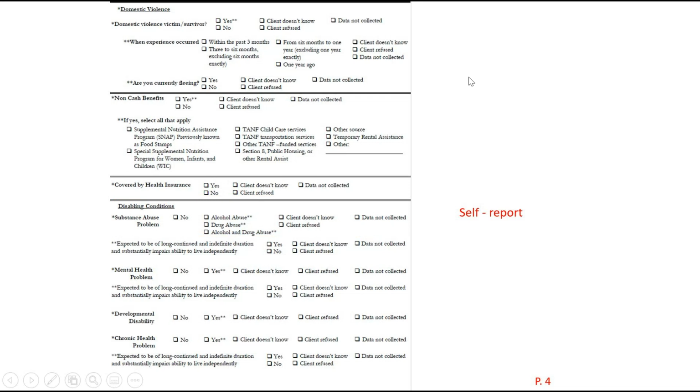The other thing I want to talk about is that this is self-reported information, but a lot of times we need documentation to back this up. So if somebody says that they have a developmental disability or a chronic health problem, you would need to get in touch with some type of medical professional, mental health counselors or therapists, or other case management, so that they could provide letters of verification.